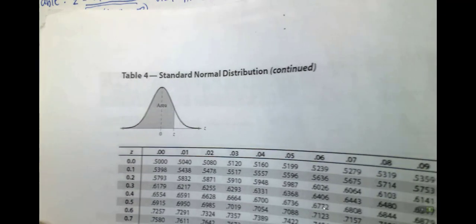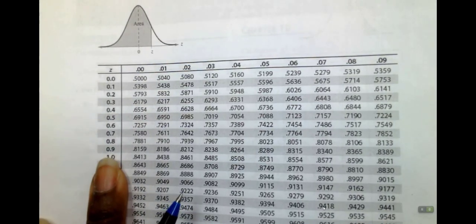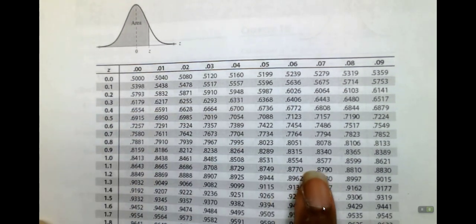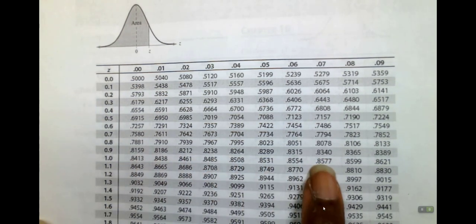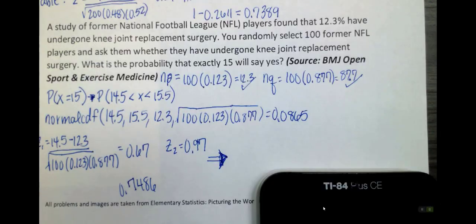We're going to subtract the smallest from the highest. 0.97 is 0.8340.